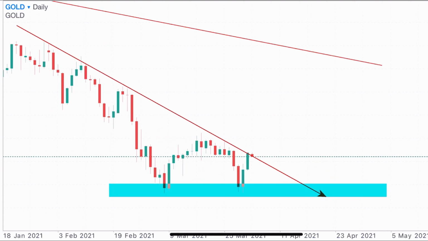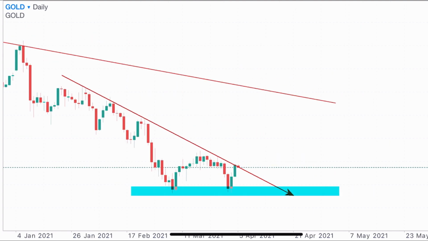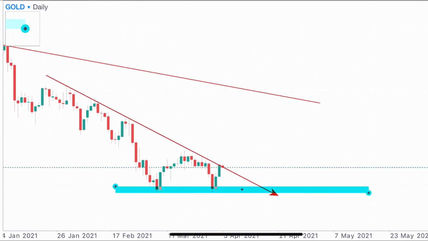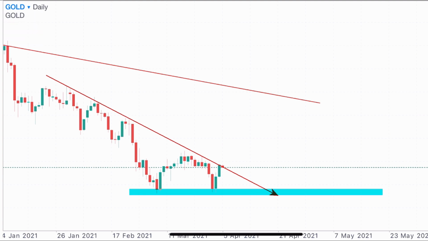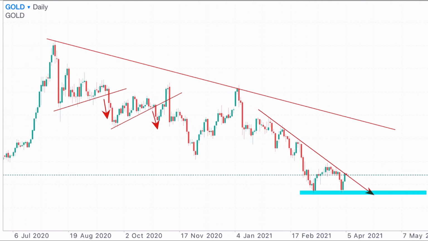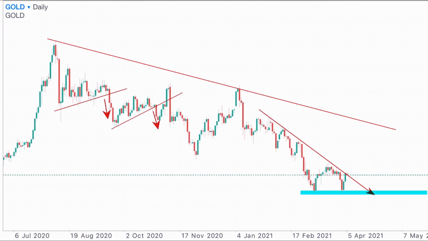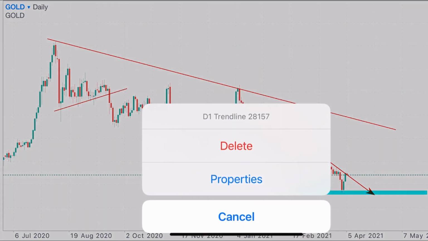So now this trend line that we're drawing now, you also see that we have a support zone there, because that's where we had a double bottom formation, right? So everything else at the back, it doesn't really matter. That was just past data that we were analyzing, you feel me?